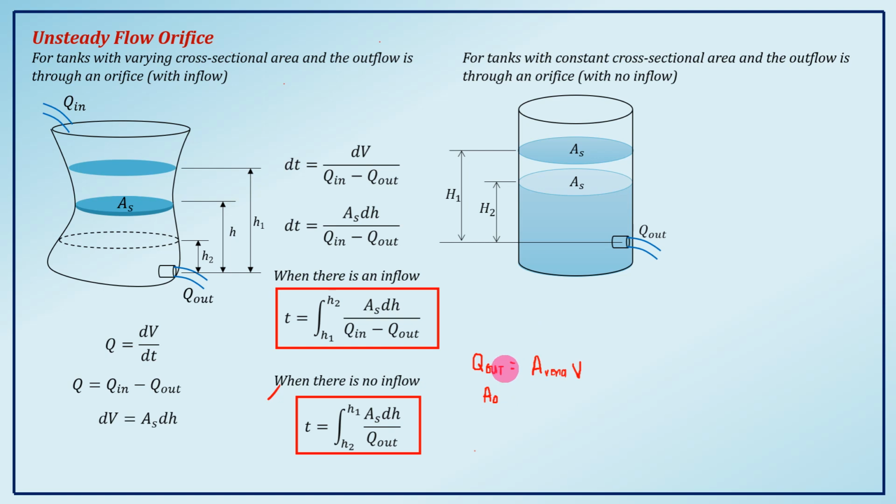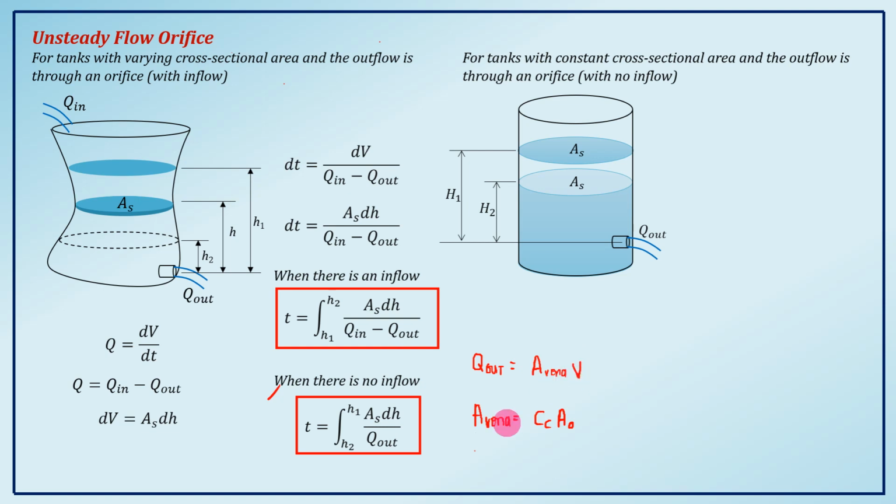We can write the equation of Q out this way. The area of the vena contracta is equal to CC times the area of the orifice, since the area of the orifice is always given.